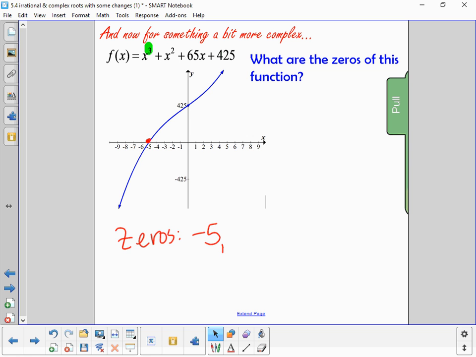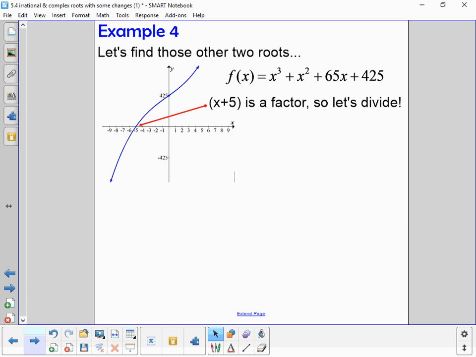Well, remember that we are definitely guaranteed 3 roots, 3 zeros. If we can only see one of them on the graph, that must mean that the other 2 are non-real. Non-real solutions or non-real roots are going to come from the quadratic formula.